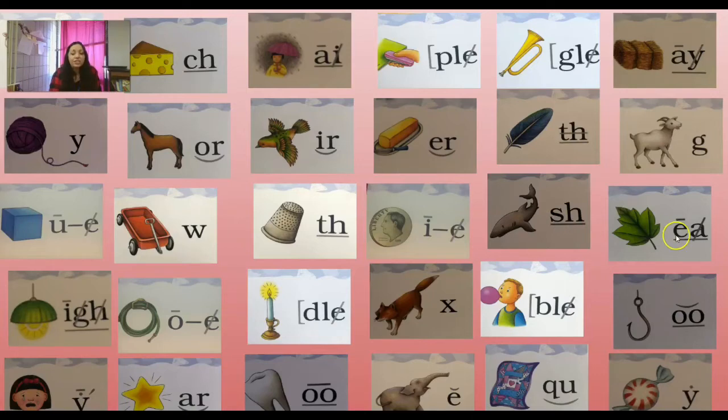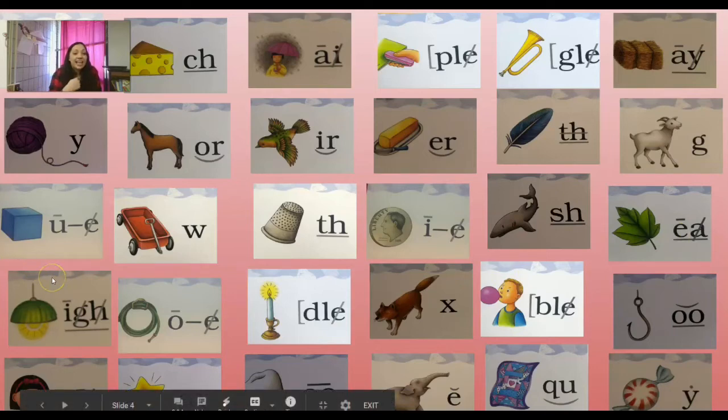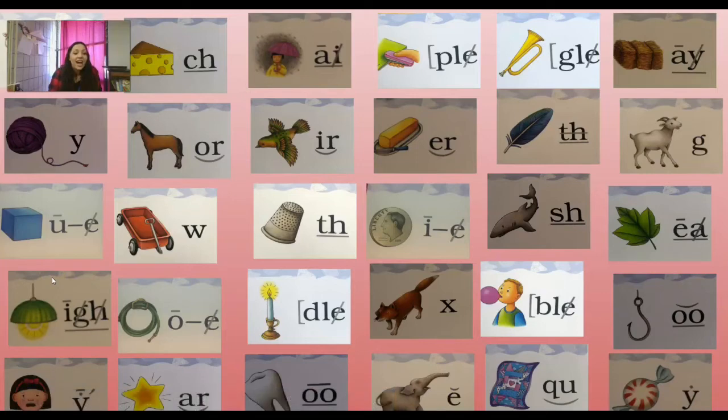Digraph sh. Leaf, e. Digraph ea. Light, I. Trigraph igh. Hose, o. O consonant e. Candle, dul. Final syllable, d-l-e.